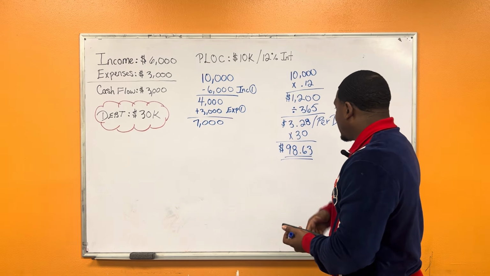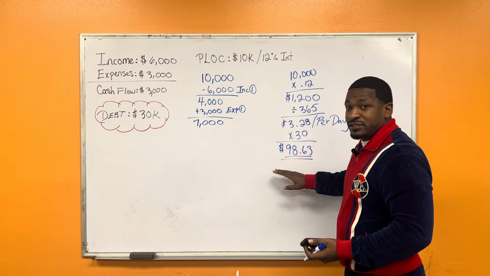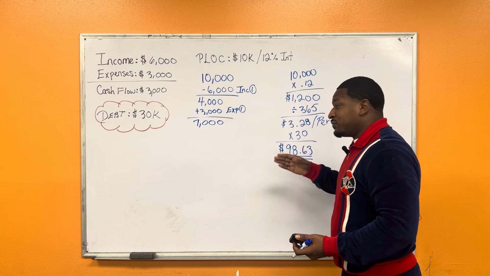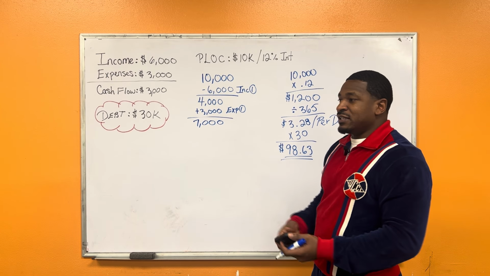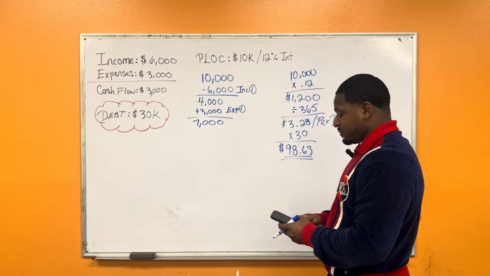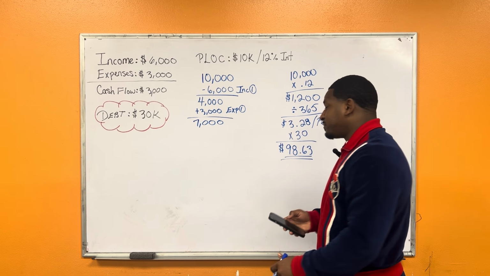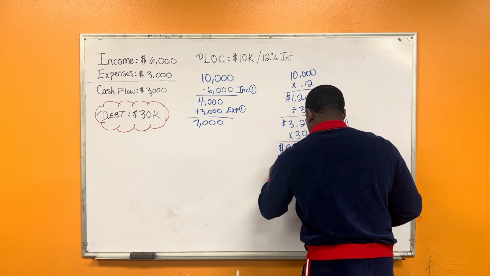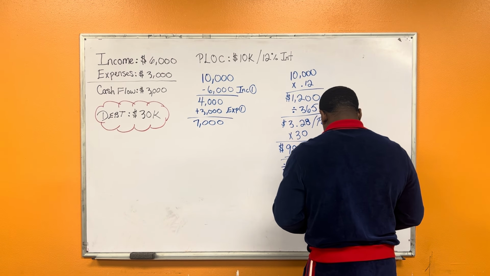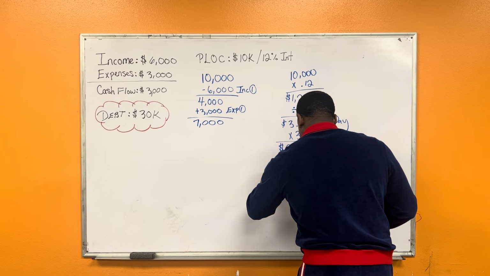So we do 98.63 plus 0 divided by 2. 98.63 plus 0 is 98.63. Now we divide it by 2. So that's the breakdown of how to find the average interest payment. We divide that by 2, which gives us $49.31.